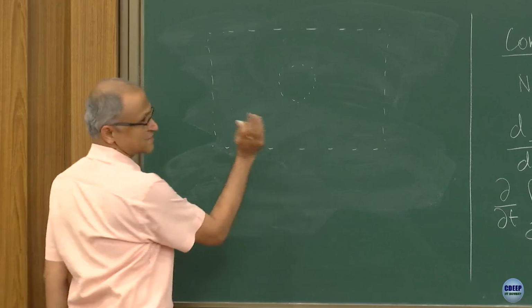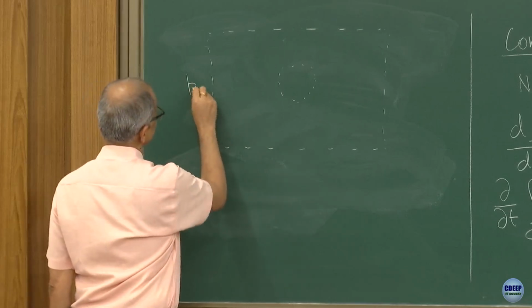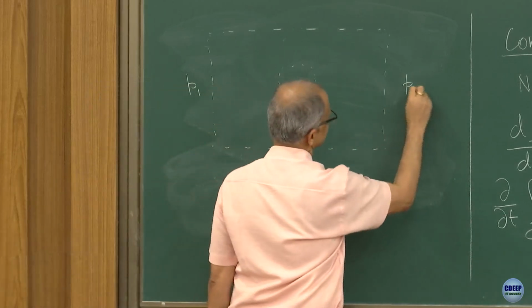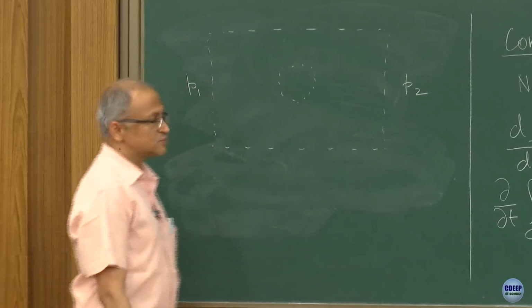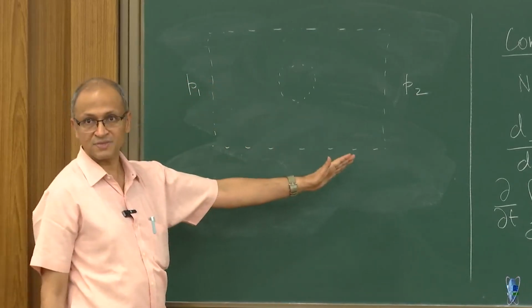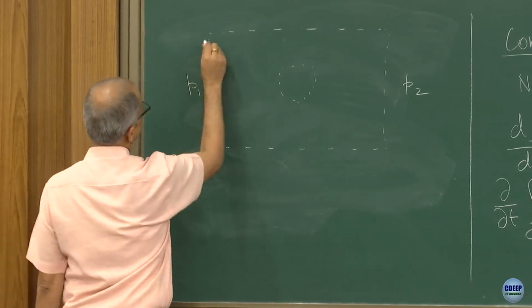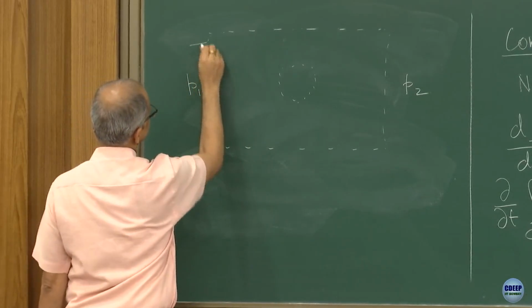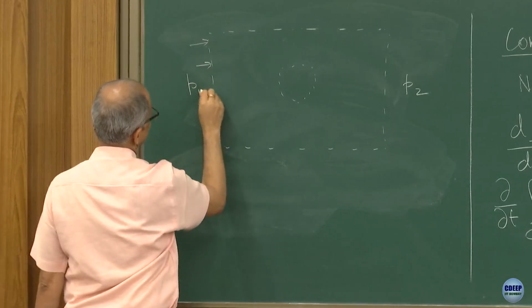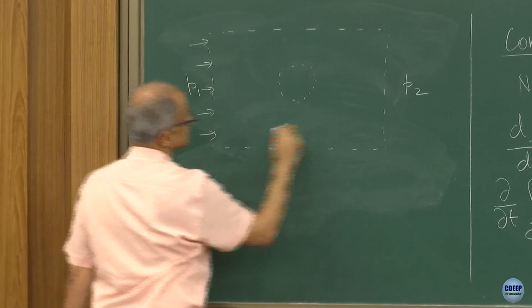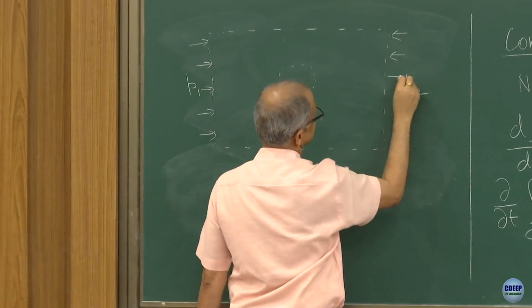So we have already said pressure. There will be some pressure here, P1, and there is some pressure here, let us say P2. If these pressures are not the same, then there will be a pressure force generated.